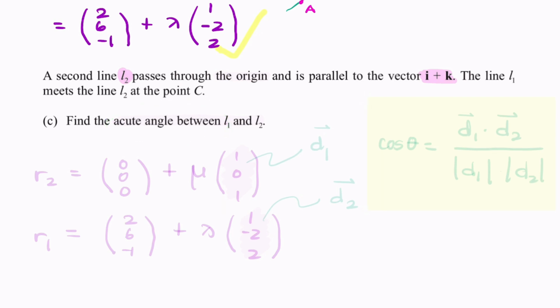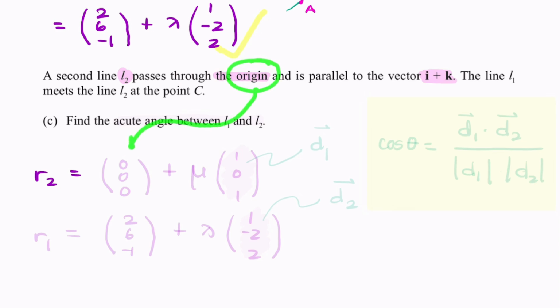So let's first find the direction of L2. So L2 has a direction that's parallel to i plus k. So that would be something like, if we wanted to write the equation for our second line, it would be R2 equals a point that it passes through.